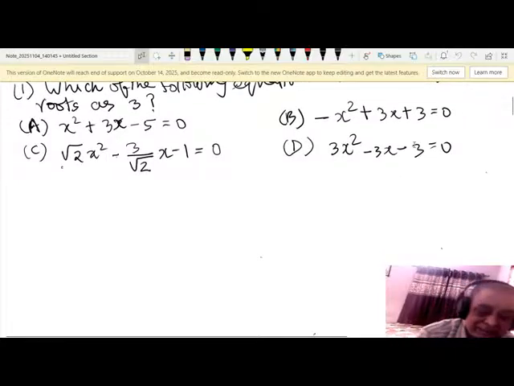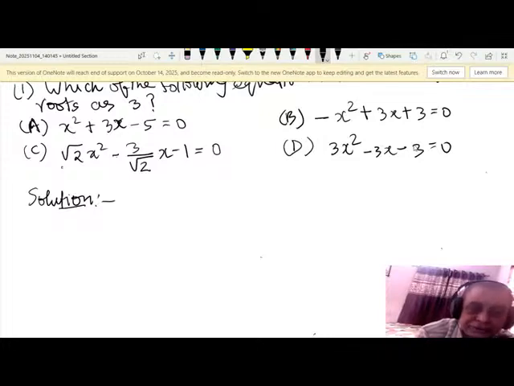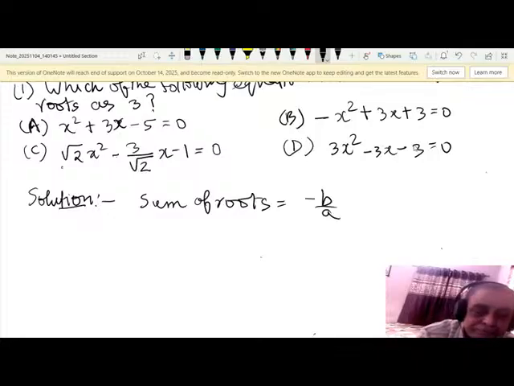So, in the A, these are the four choices. Let us find out in which of the given choices the sum of the roots is 3. We know the sum of roots is equal to minus b by a.